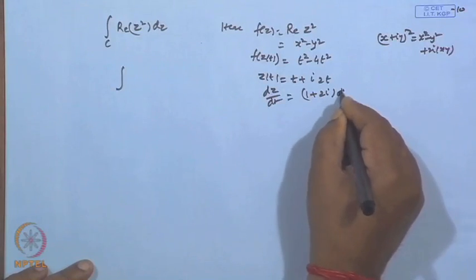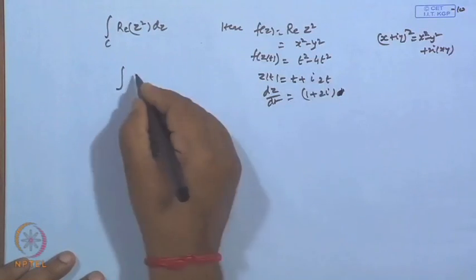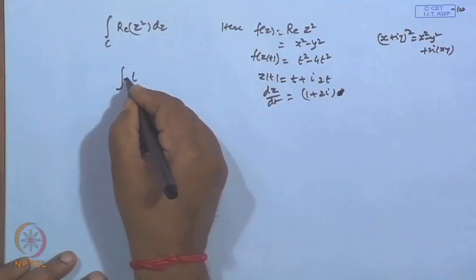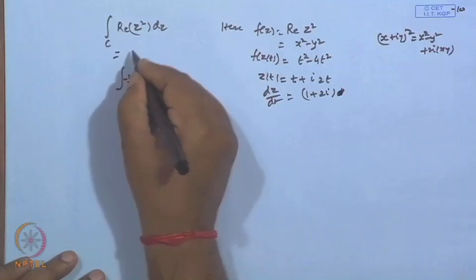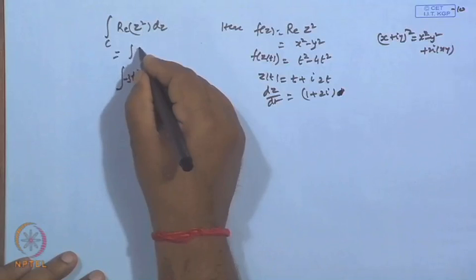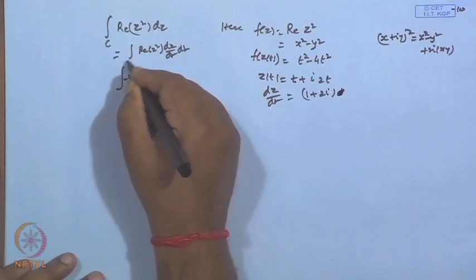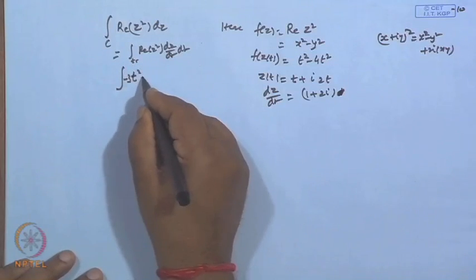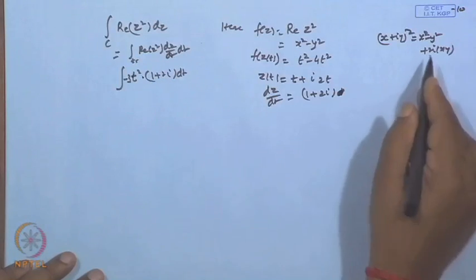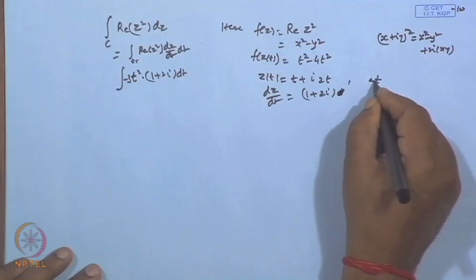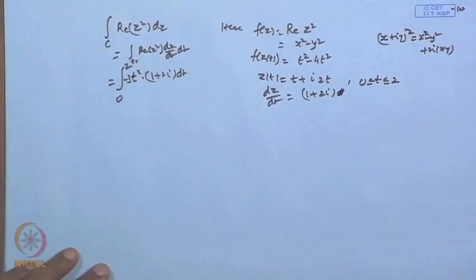Substitute this: the integral of the real part of z square, dz/dt, dt, and t varies from 0 to 2. So, dz/dt is 1 plus 2i, and the limit for t is from 0 to 2, and that will be the line.